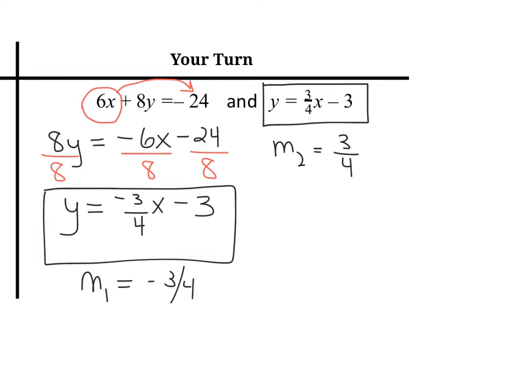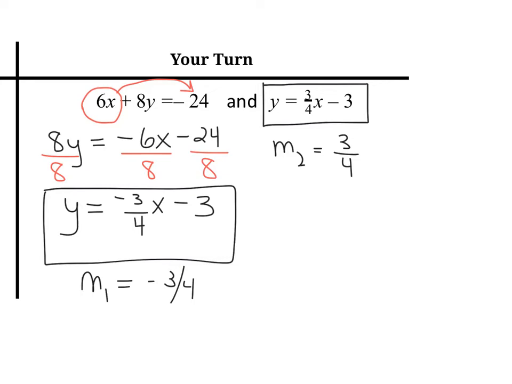So if we go ahead and compare our slopes, are they the same number, the same value? They are not. They look at first glance to be the same number, but M1 is negative 3 over 4, and M2 is positive 3 over 4. These are not the same numbers. So are these lines parallel?